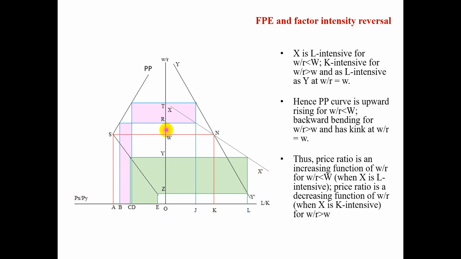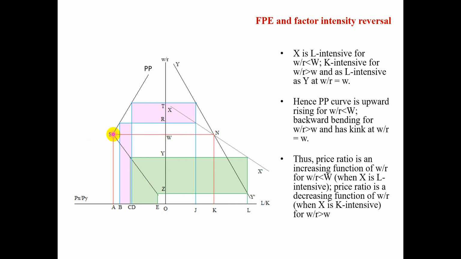Now, as the wage rental ratio increases beyond the critical wage rental ratio W, the relationship between Px by Py and W by R will change, so that now this curve will be backward bending. And if the wage rental ratio is exactly equal to W, then we get the kink point S. So this curve is upward rising first when X is relatively more labor intensive, and then it is backward bending when X is relatively more capital intensive.